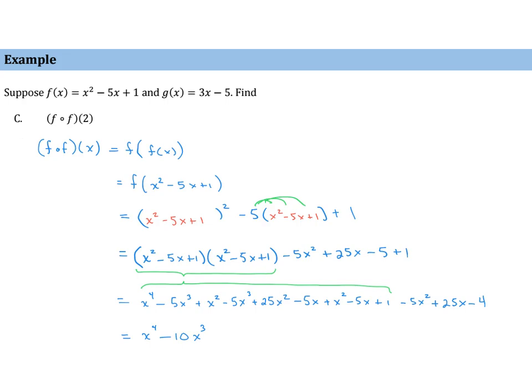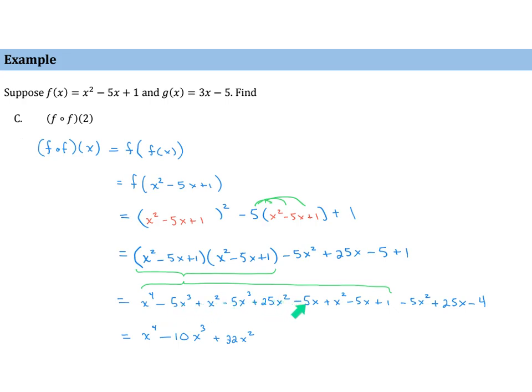Now what about x squared? We have positive x squared. So now we have 26x squared, 27x squared. So we have the minus 5. So that's going to be plus 22x squared. And now our x's.